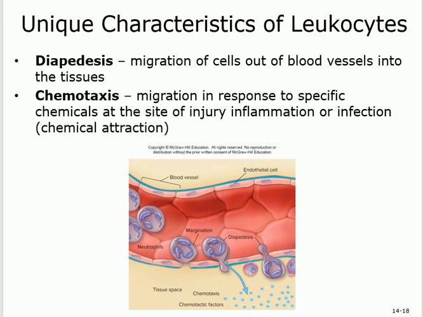The cells that are injured, and some of the white blood cells are releasing chemicals. These chemicals will attract other cells to that site of inflammation or infection. Is that clear? So you have injury, you have inflammation or infection, whatever it is. It doesn't have to be infection, okay? So the injured area that has inflammation or infection, there will be some chemicals released, and these chemicals are going to attract other cells. Is that clear?